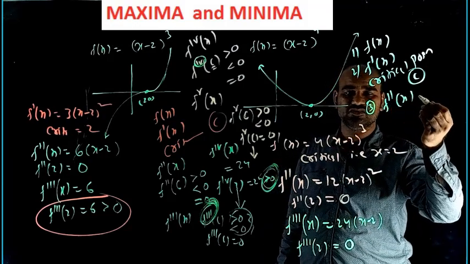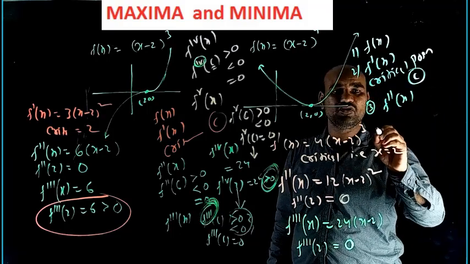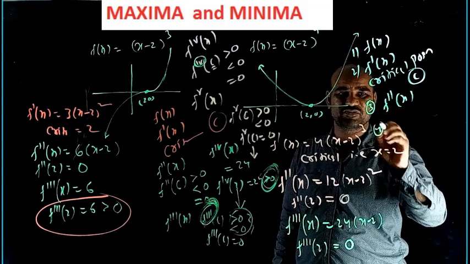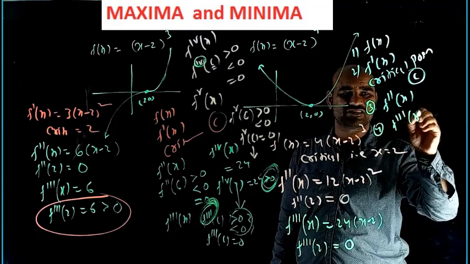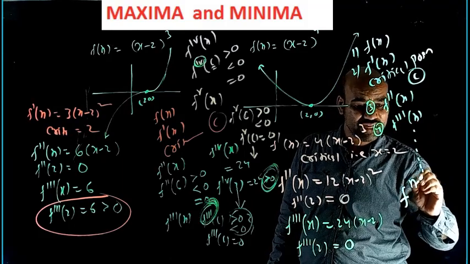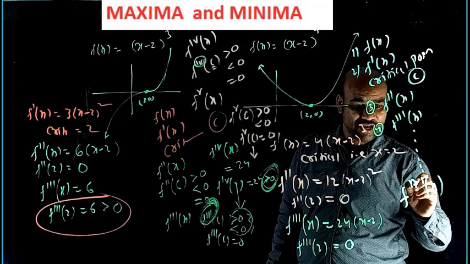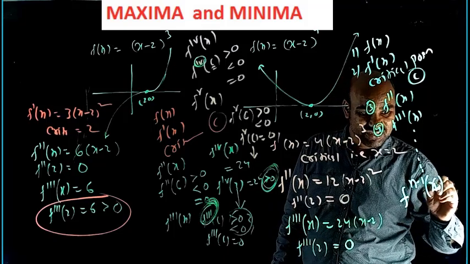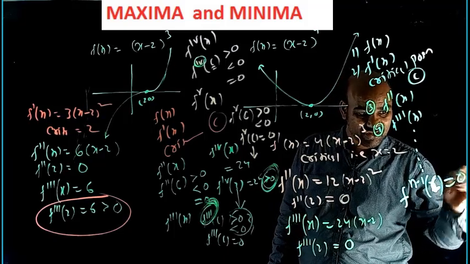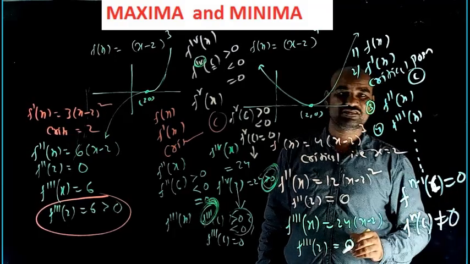Greater than 0, less than 0, no problem. Equal to 0, move to the next step. Fourth step. Find f triple dash of x. So on up to f (n minus 1)th derivative of x. And if the (n minus 1)th derivative of c is also 0, and f n of c is not equal to 0.